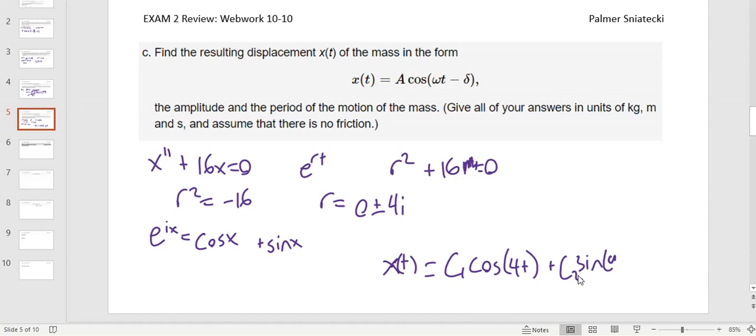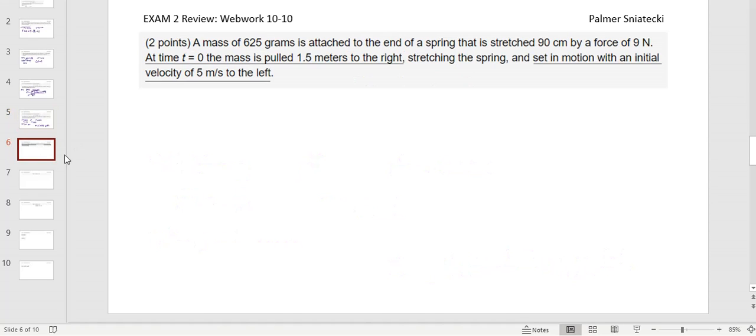Sorry, my writing. Continue on to this guy. So we know that x of t is equal to c1 cosine 4t plus c2 sine 4t.